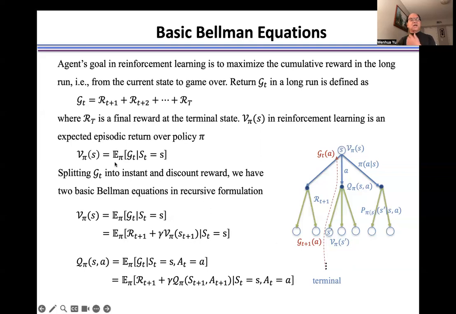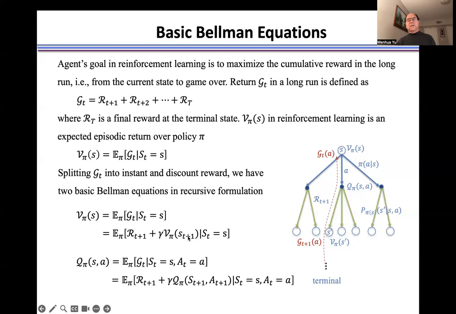Once we have this state value function, we can substitute this return into the value function. And we split the reward into two parts. The first part is the immediate reward, and the rest is the future reward. So the future reward can be written as G_{t+1}. We substitute this G into V, and we get this recursive formulation for the state value function.